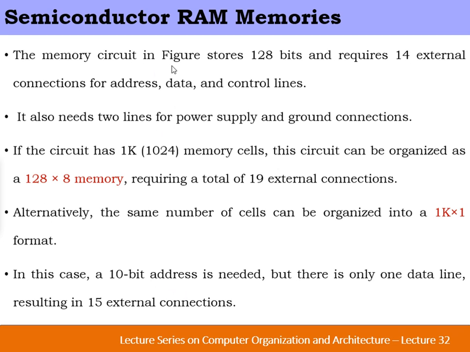The memory circuit shown in the figure is going to store a total of 128 bits of information. Thus it requires about 14 external connections, relevant to address, data as well as control lines.